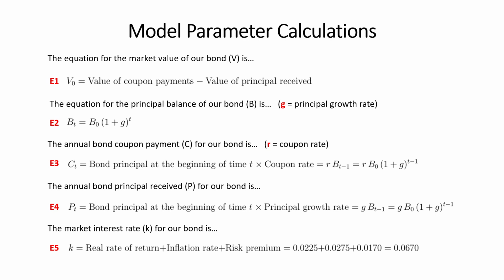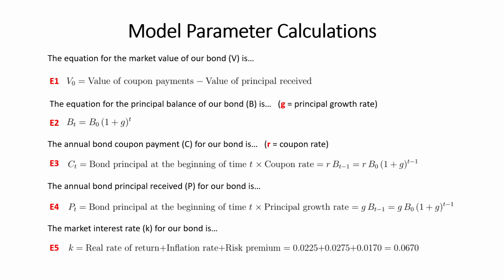We're going to say that the coupon rate is R, small r. So you can see in that equation at the very end that the coupon payment would be R, the coupon rate, times the principal value at the beginning of the year. So that would be the coupon payment.